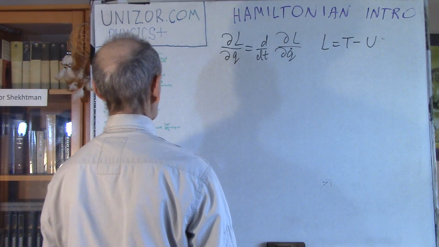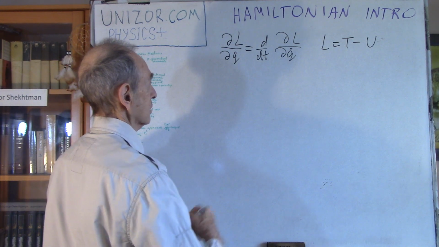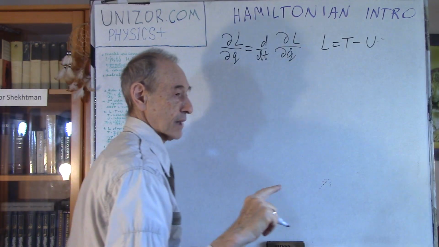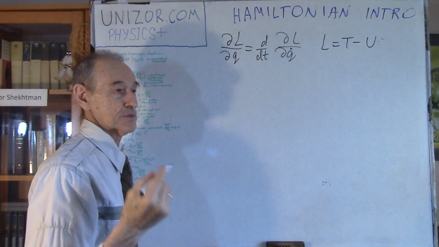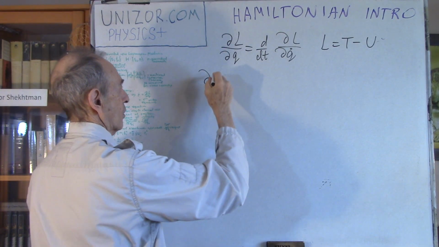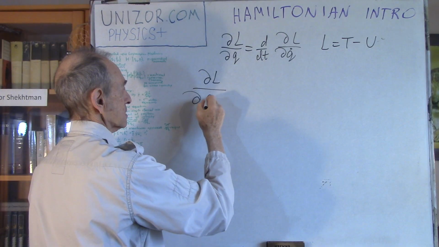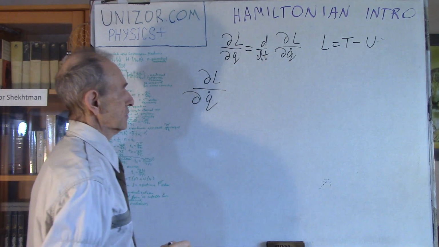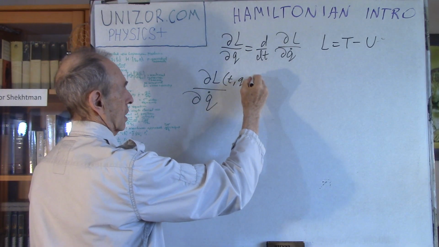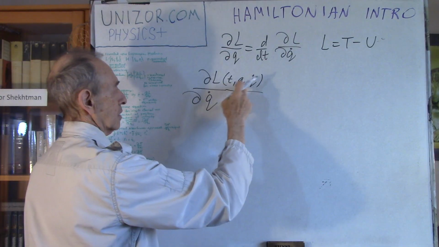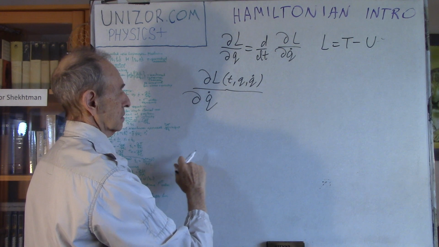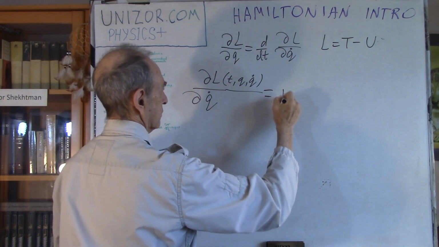Okay, so first of all, let's just concentrate on one very simple thing. In the previous lectures, primarily in the description of the Noether theorem, we were talking about generalized momentum, which we defined as the partial derivative of Lagrangian, which is a function of time, generalized coordinates, and generalized velocities, by generalized velocity.